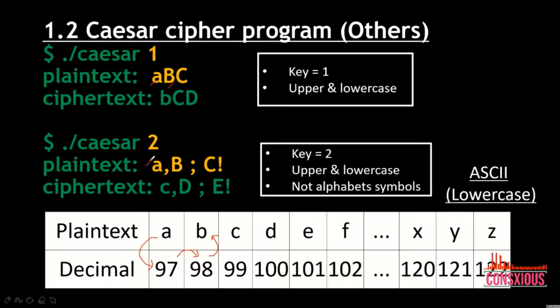We explained the lowercase and the uppercase, and now we talk about the other symbols. The symbols here will not change. As you can see, the ciphertext is the same here.